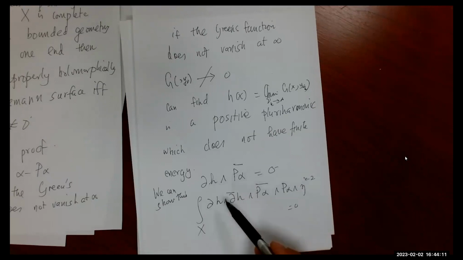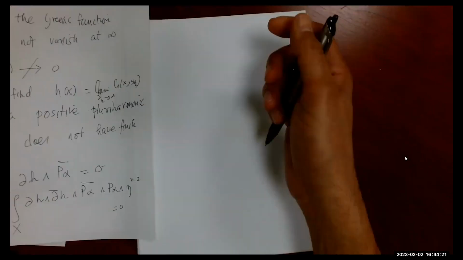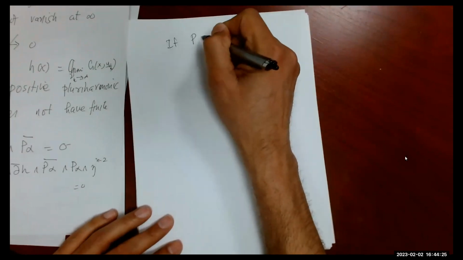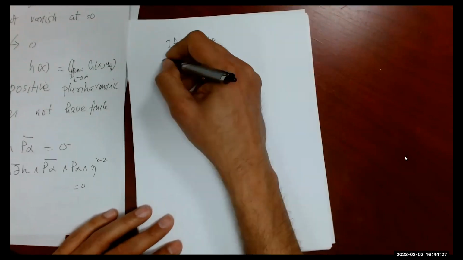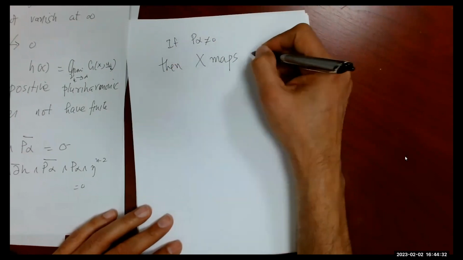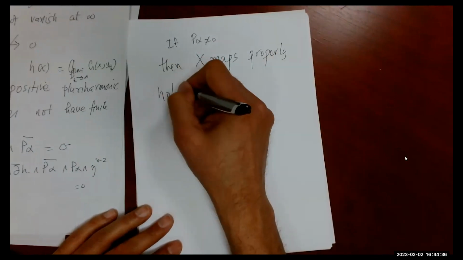It turns out you can apply the same Gromov style argument and prove a Castelnuovo-de Franchis theorem in this L2 context. This can then be used to show that if P alpha is not 0, then X maps properly, holomorphically onto a Riemann surface.